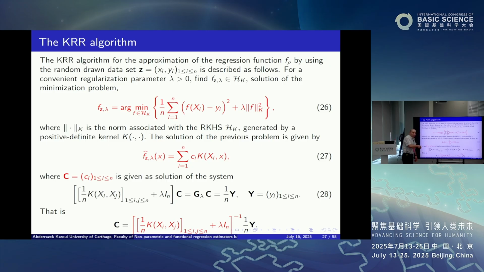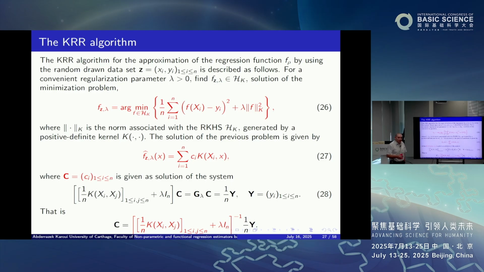But there's a problem with this formula. The number of observations n can be very large. So the problem is to invert a very large matrix, and this needs a high computational load. But this is useless.